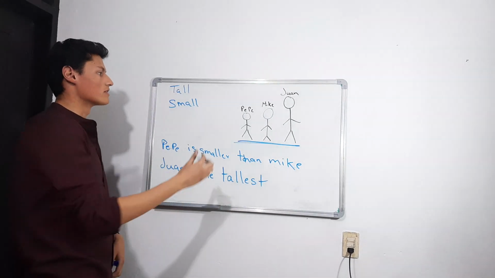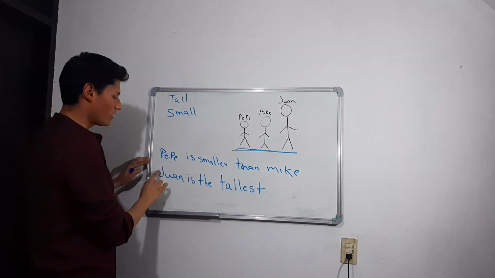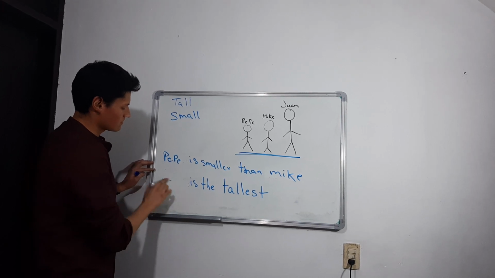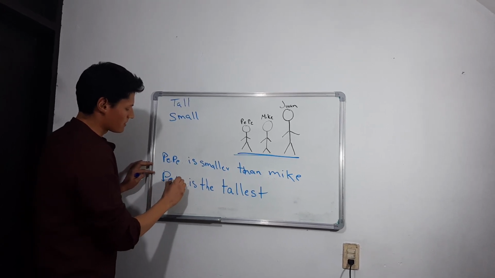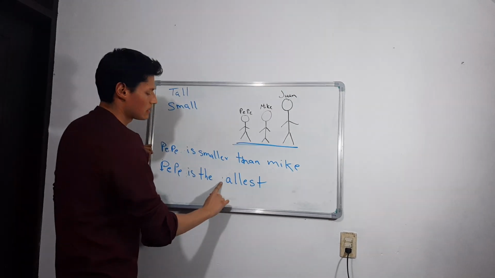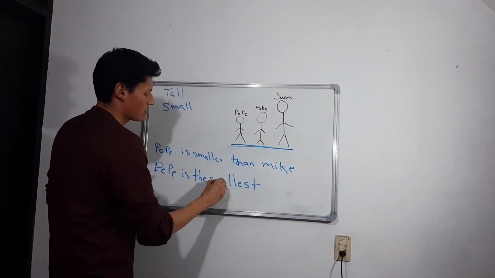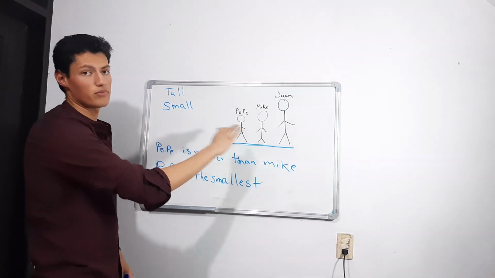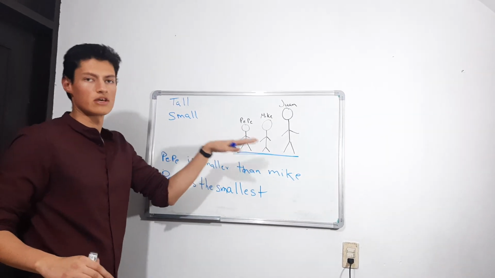And also, Pepe is the smallest person of the three of them.